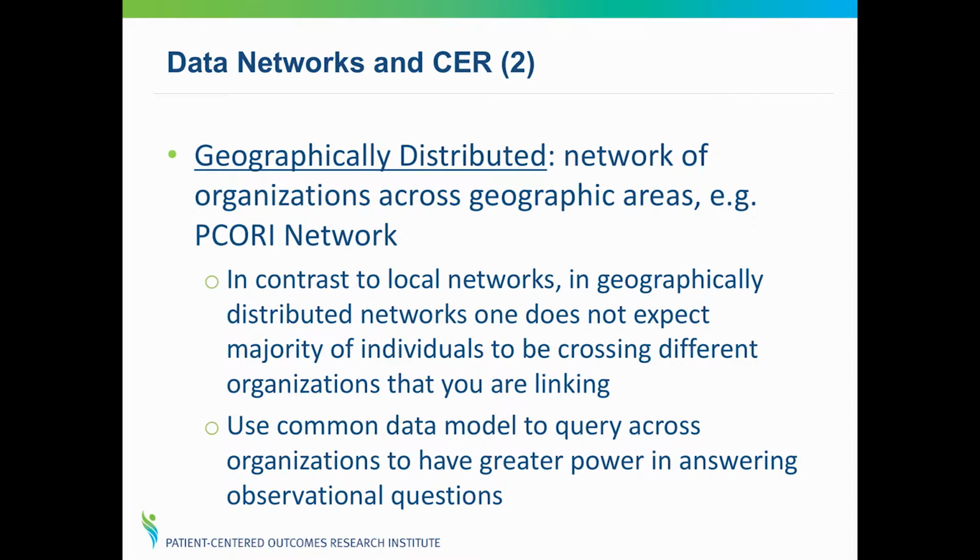You're really linking organizations using a common data model just to be able to do queries across those organizations in order to find enough patients in a pool of organizations rather than a single organization, where you can do prospective clinical trials, or so that you can build up a large enough number of patients that you could have a greater power in looking at different questions that would be answered by an observational study.